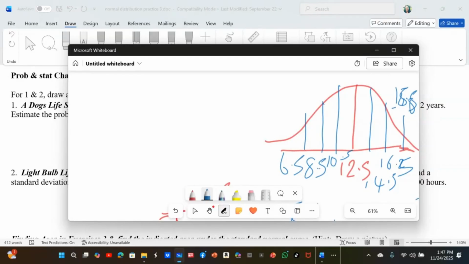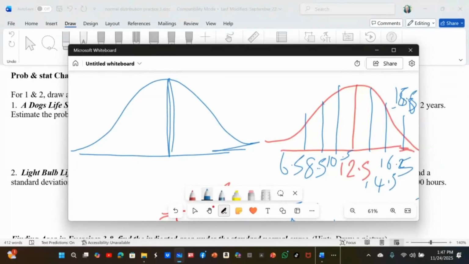I am also told to draw a standardized normal curve. The center is the mean. According to Z-score, the mean Z is equal to the raw score mean 12.5 minus 12.5 over the standard deviation.